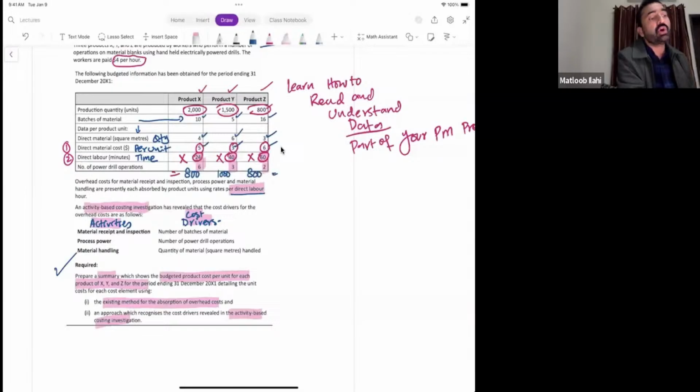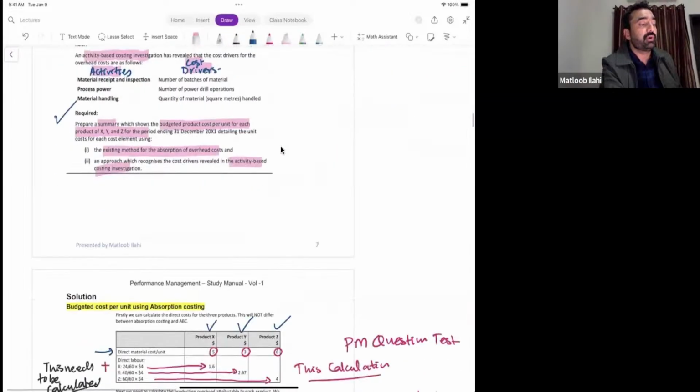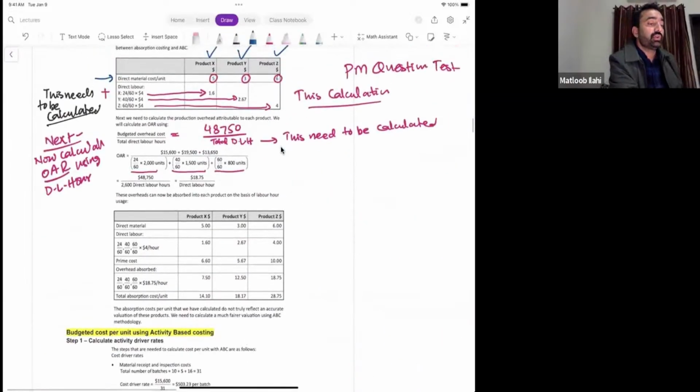So the total of these are 2600. Well done. So these are 2600 direct labor hours that we need here for calculation. So here is 2600 hours.